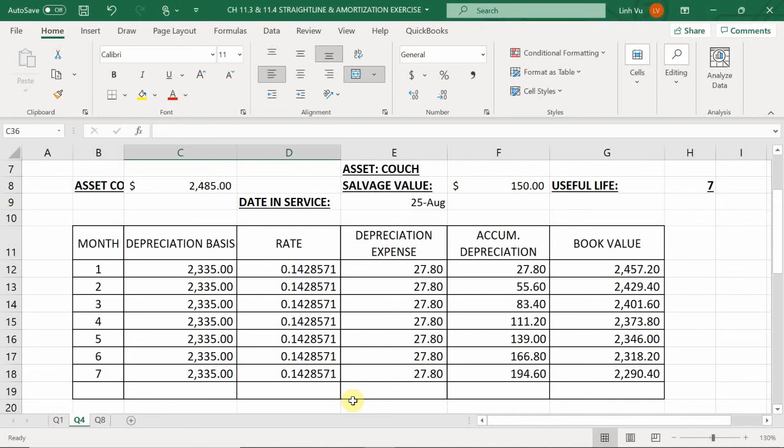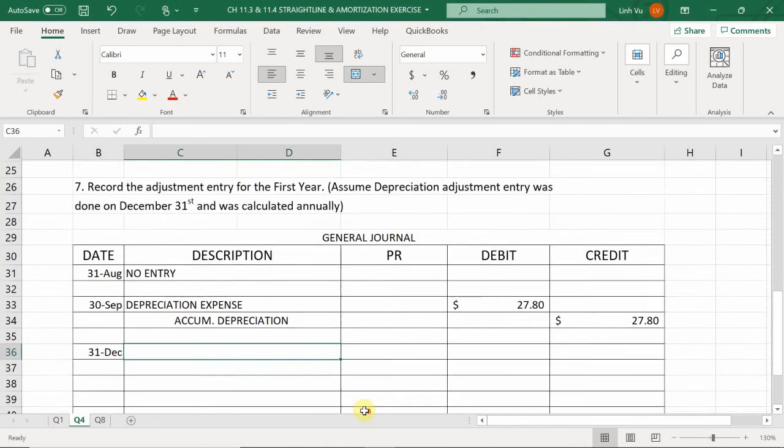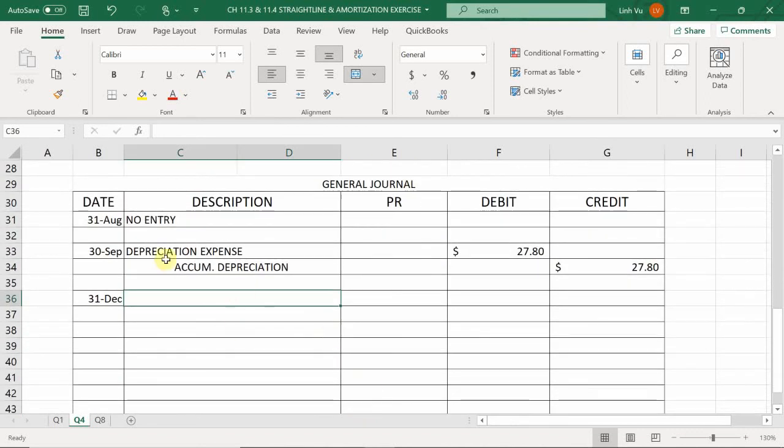So exactly what we've been doing in the previous sections where we treated everything as at the end of the year. How would I journalize this at the end of the year? So we would have the depreciation expense of the 2780 after the 4 months.